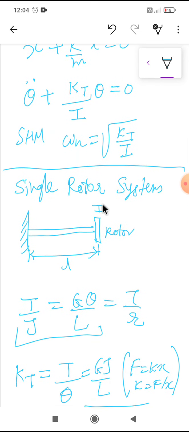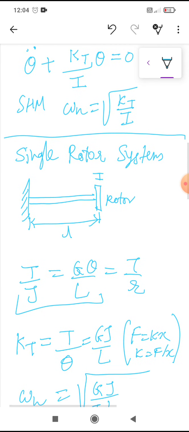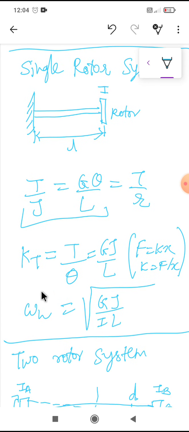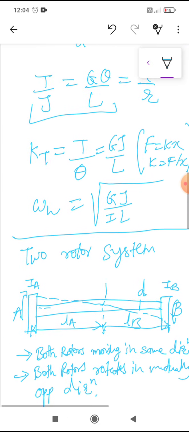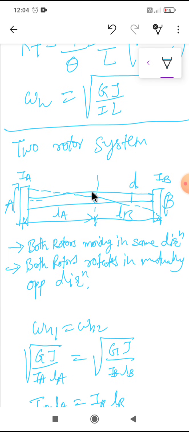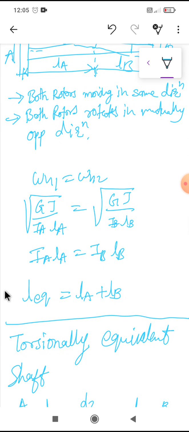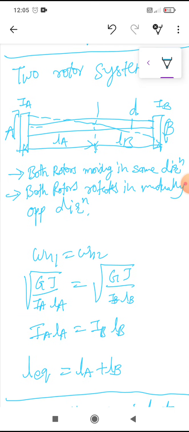Then we saw a single rotor system, and with its help we found the natural frequency. Then we derived the two rotor system, in which we got an equation of the lengths, LA upon LB, and we introduced the node, which occurs when vibration occurs.